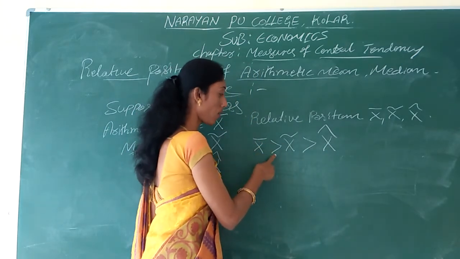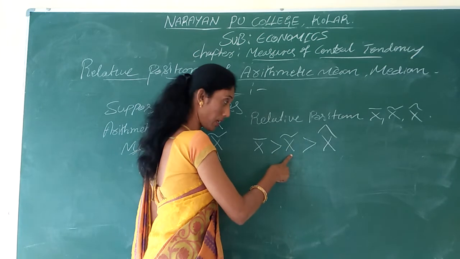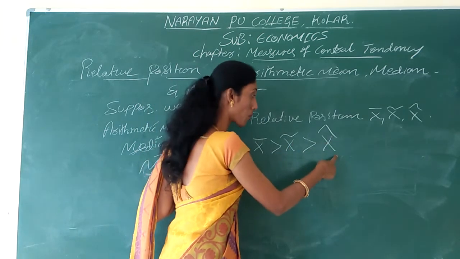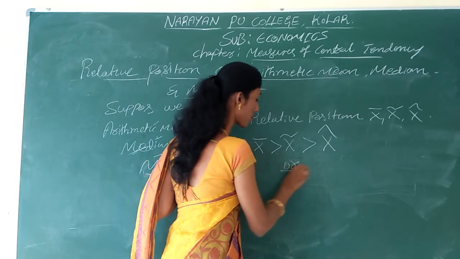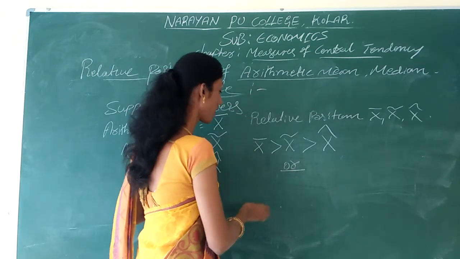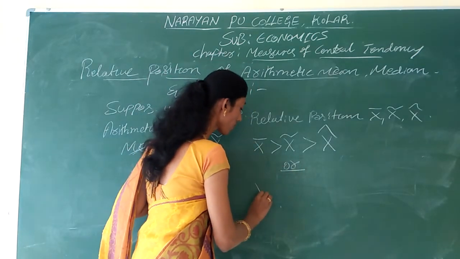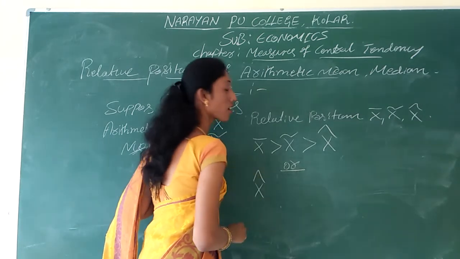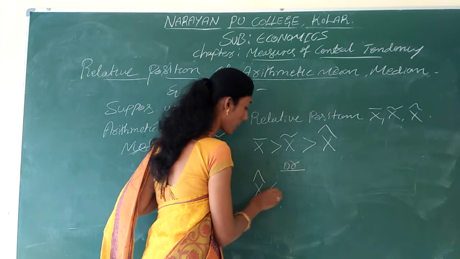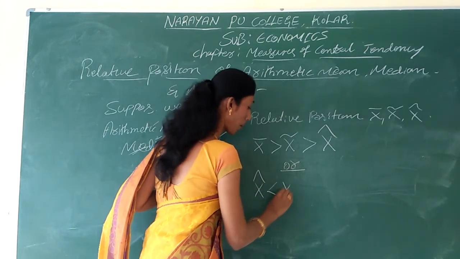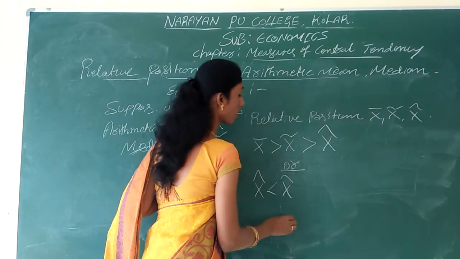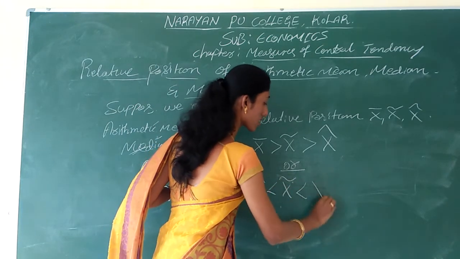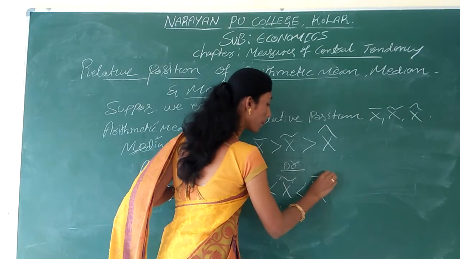Or else we can express it in another way: mode will always be less than median, and median will always be less than mean.